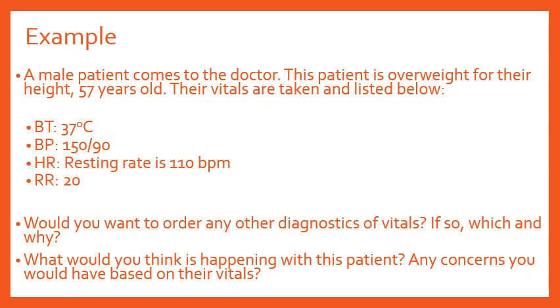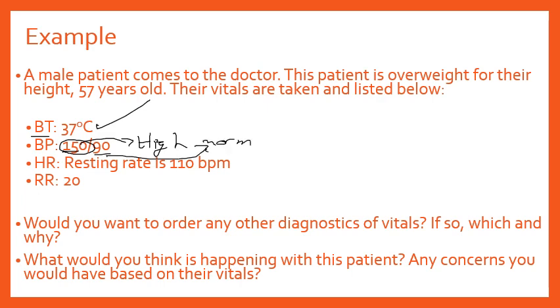Okay, so if we think about something like this, we have a male patient, they come to the doctor, they're overweight, they're 57 years old, and these are their vitals. So if their body temperature is 37, that's good, that is where it needs to be. Their blood pressure, okay, systolic is high. Their diastolic is still fairly normal.